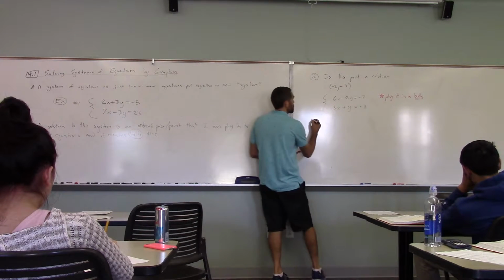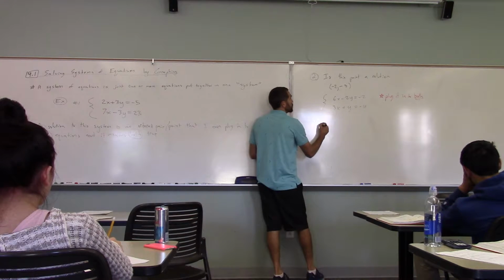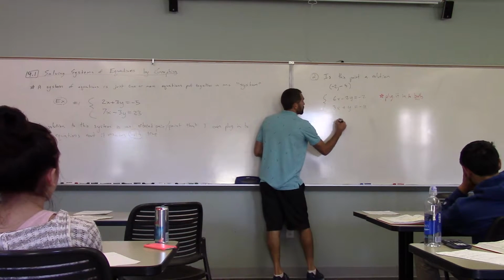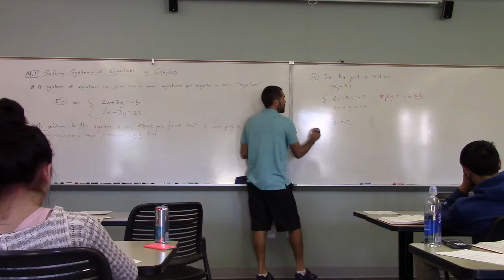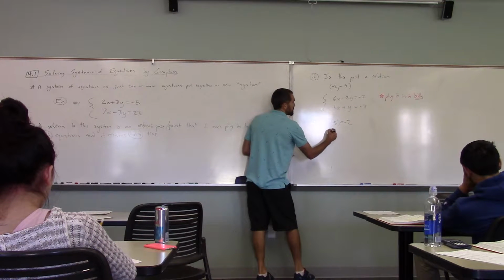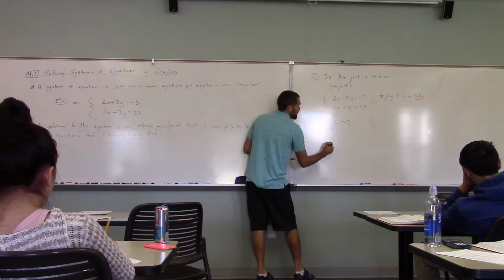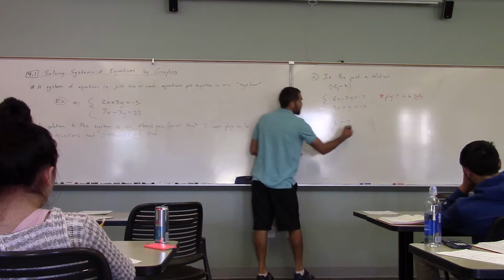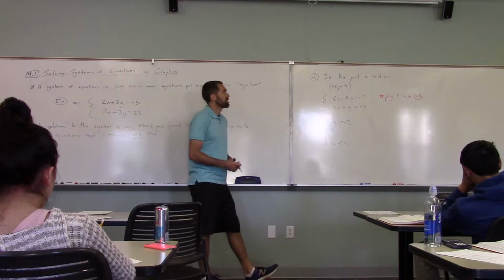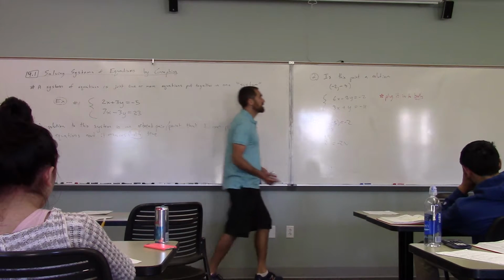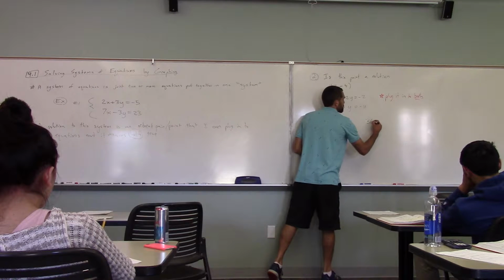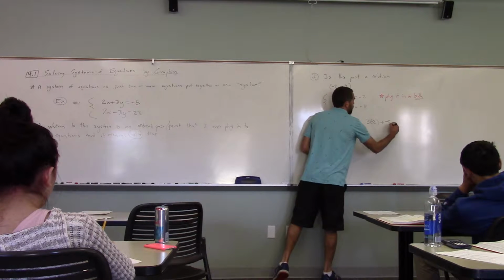Okay, so the first one, 6 times negative 2 minus 2 times negative 5, is that negative 2? Negative 12 minus negative 10, whoa, I wrote 16. Negative 12 plus 10, that's negative 2 equals negative 2. Check. Plug it into the second one. 3 times negative 2 plus negative 5 equals negative 11.